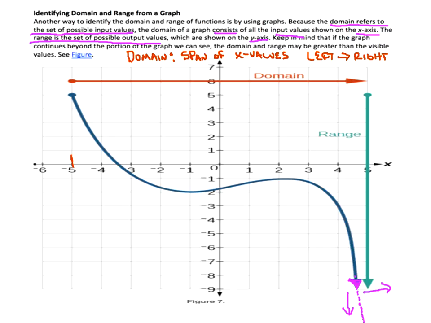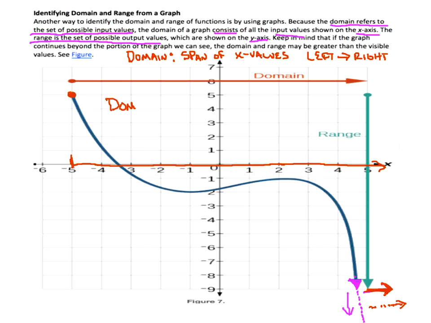So this domain begins at -5. So my x values begin at -5, inclusive, because it's a closed dot there. And they're going to span all the way through positive infinity because this function keeps moving right, even though you can't see it, because it has an arrow on the end of it.